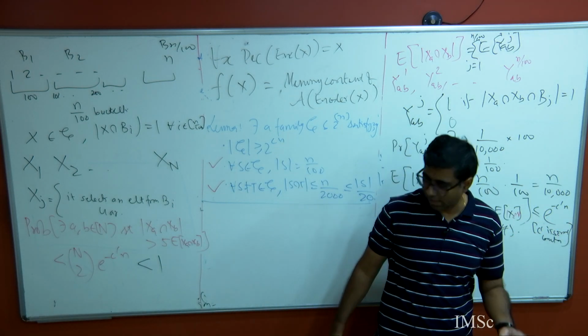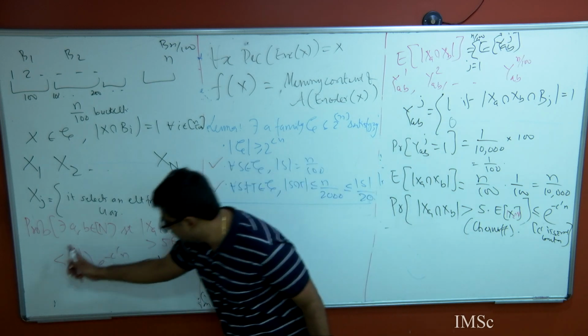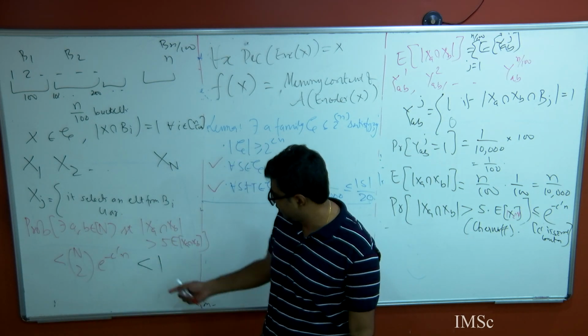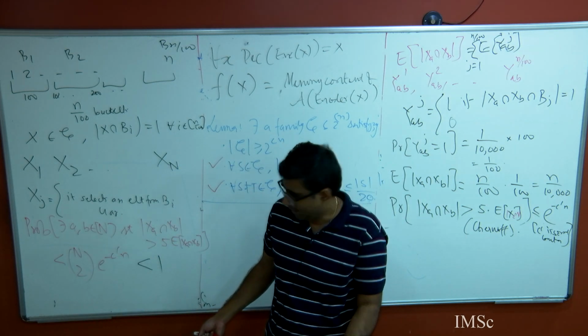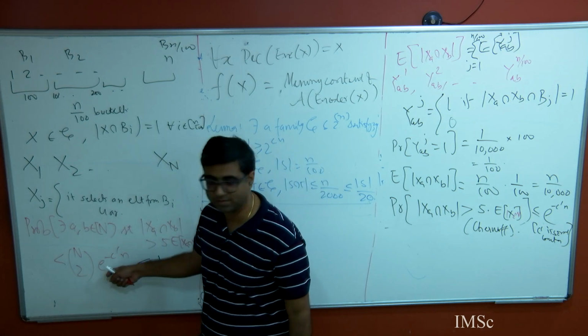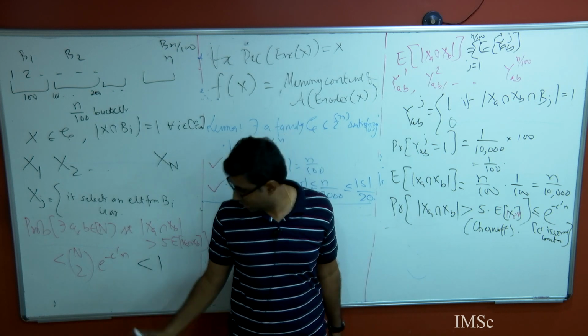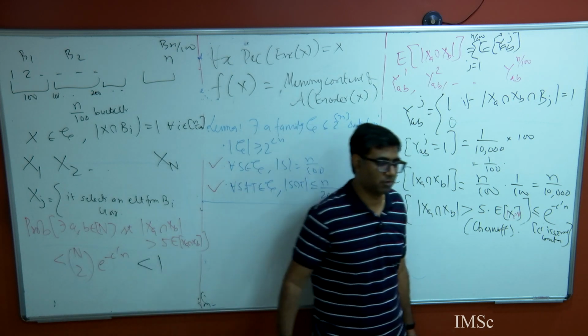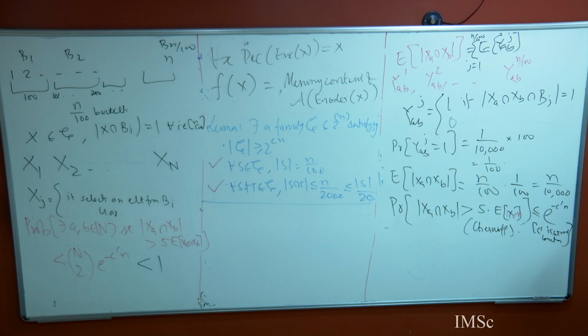All I need to show is that n is large enough that this will cancel out with this, so that it is less than 1, that is it. So there exists some n for which this happens.